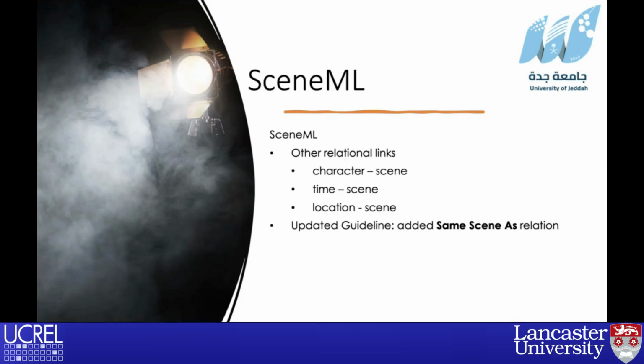We could annotate scene descriptive segments, which are the actual text that comprises the scene, but we couldn't say, for example, that SDS1 and SDS2 belong to the same scene. So we added the same scene as relation: if SDS1 and SDS2 belong to the same scene, then we link them together with it.